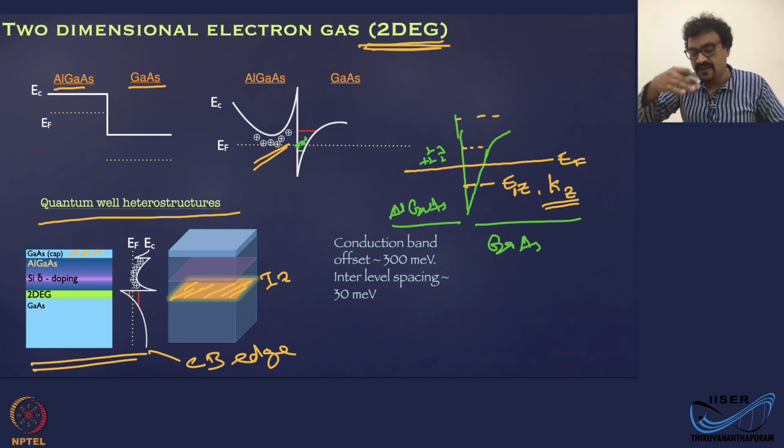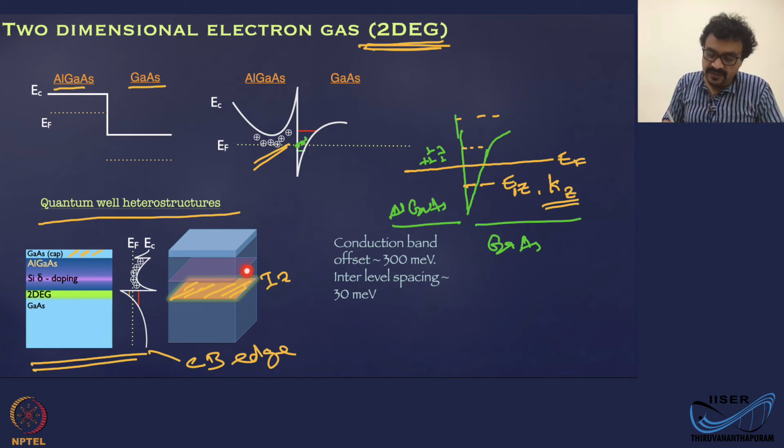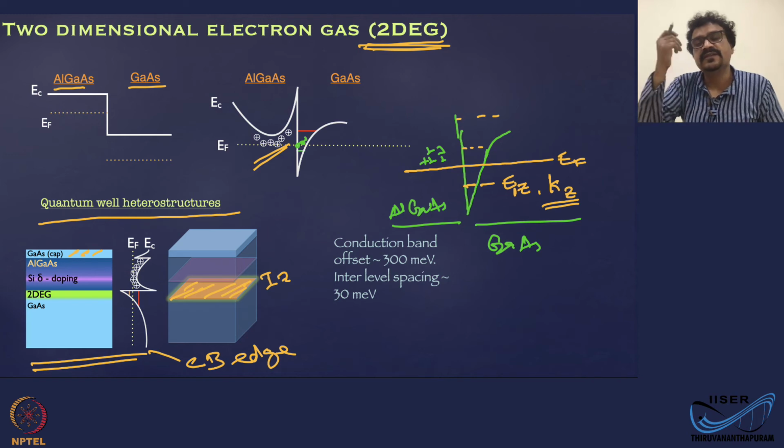Okay, I have drawn the well now rotated 90 degrees, from top to bottom. Now you will get a two-dimensional sheet of electrons here, and there is a dopant layer sheet here. Okay, and this conduction band offset here can be a few hundred milli-electron volts.